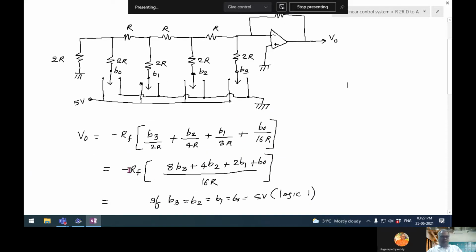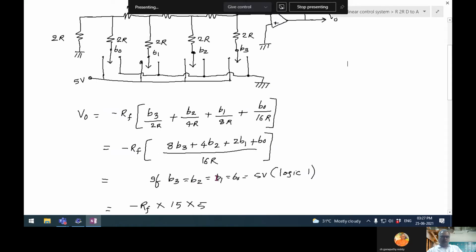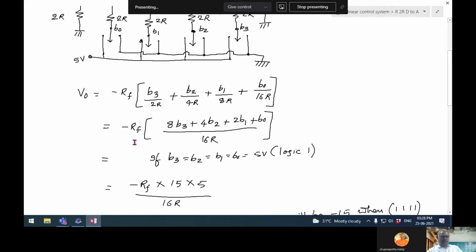If you simplify further, you will get this expression. If B3, B2, B1, B0 are applied logic 1, logic 1 means 5 volts. Logic 1 can be 5 volts or 10 volts or 12 volts, some positive voltage.